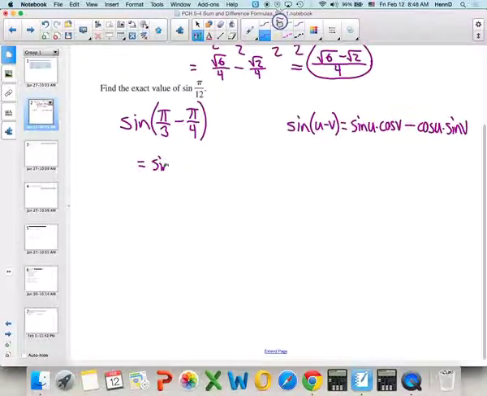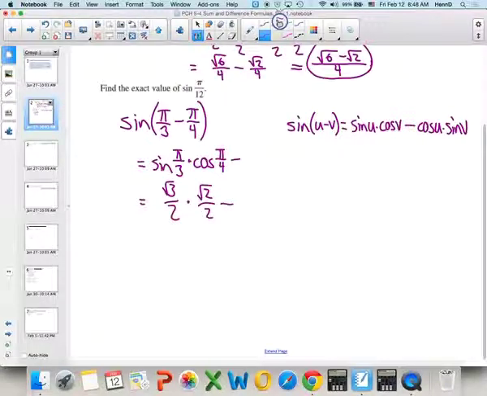So we're doing the sine of pi over 3, which, by the way, is what? Root 3 over 2. We'll fill it in as we go. Times the cosine of pi over 4, root 2 over 2.